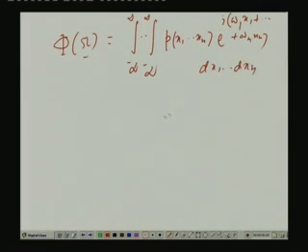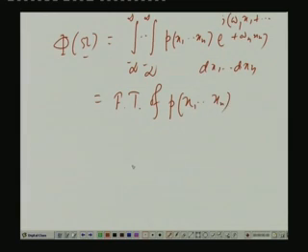You can easily see that this is nothing but the Fourier transform of, if this stands for Fourier transform, this function p of x1 to xn at these frequencies minus omega 1 dot dot dot minus omega n.